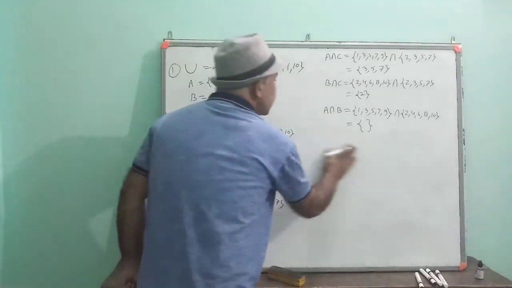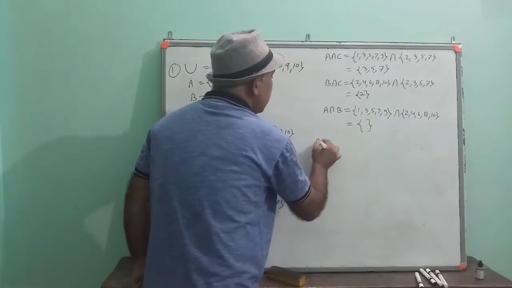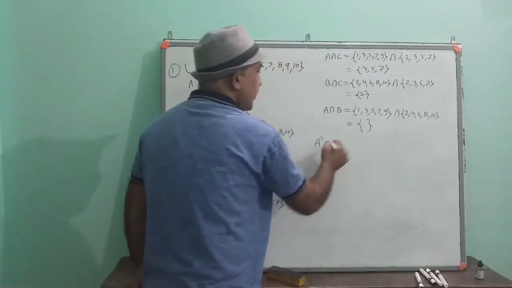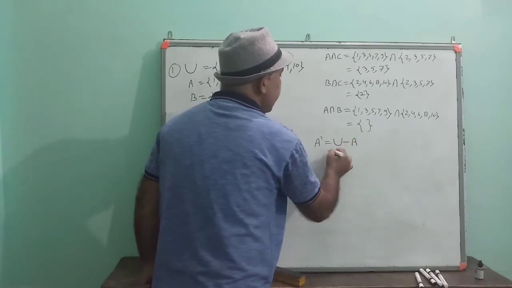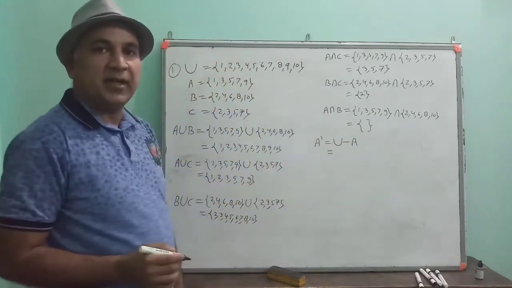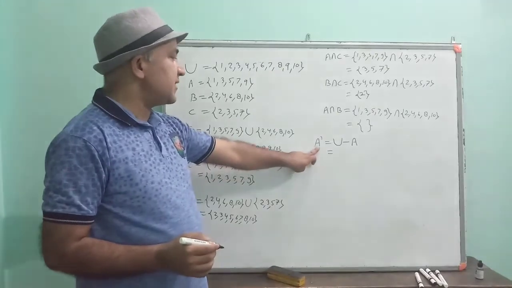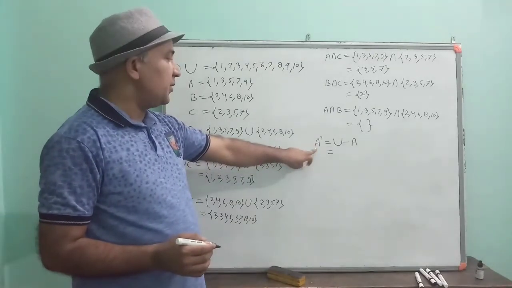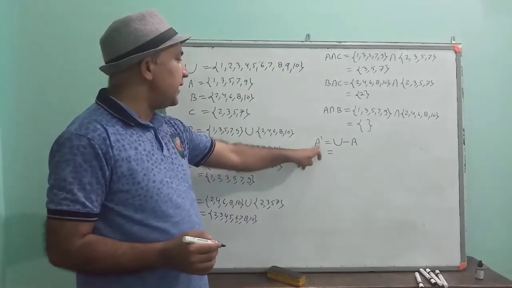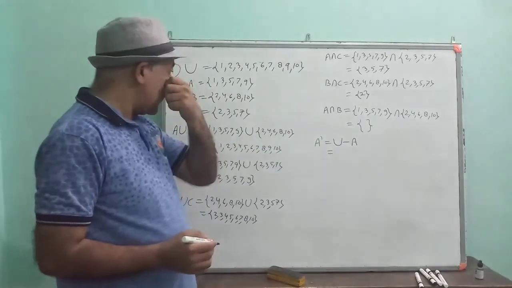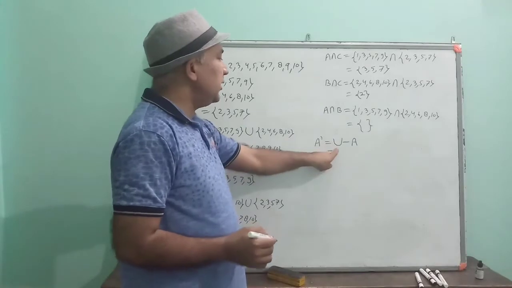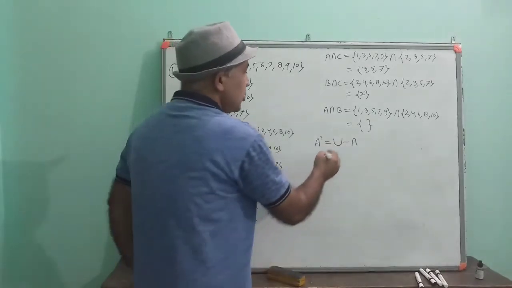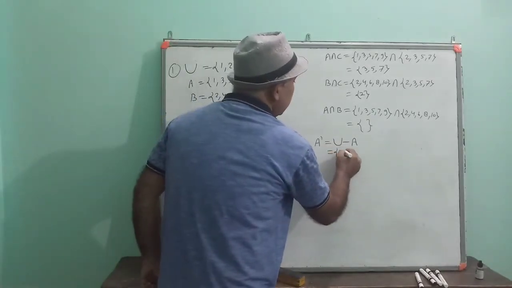Now see, suppose that you want to find A complement. So A complement means universal set minus A. This is the meaning of A complement. The complement set of A is denoted by A dash, and in short it is read as A complement. And how to find A complement? Universal set minus A. So how will you solve it?